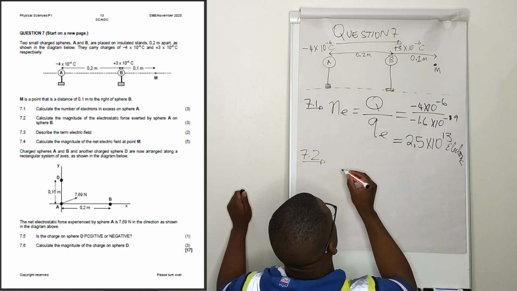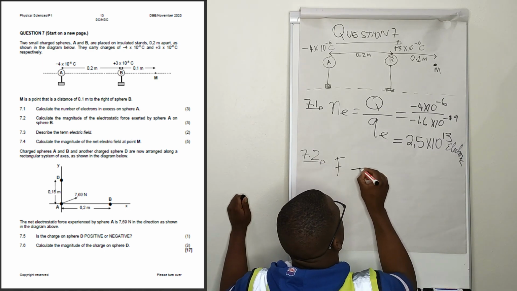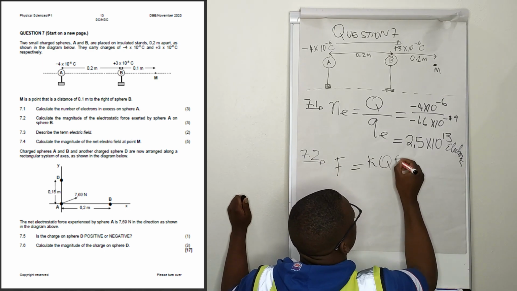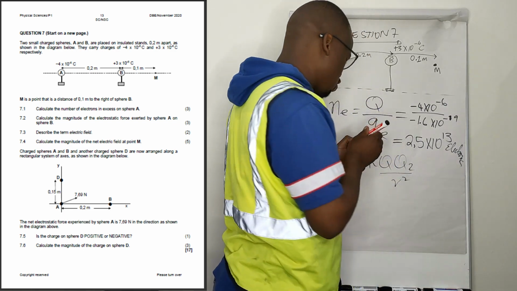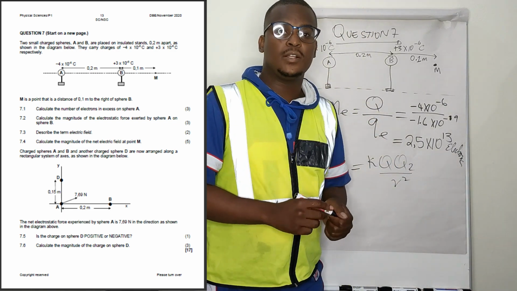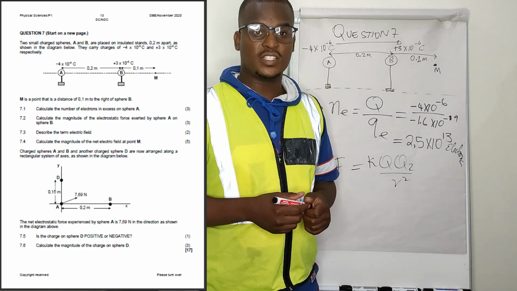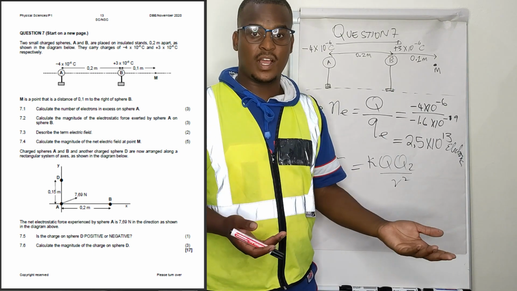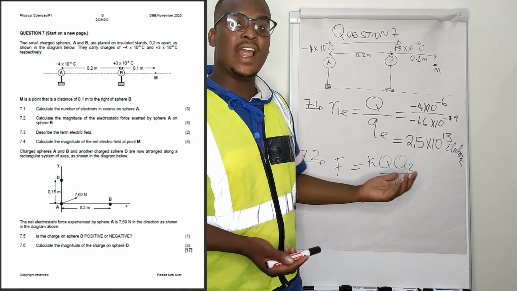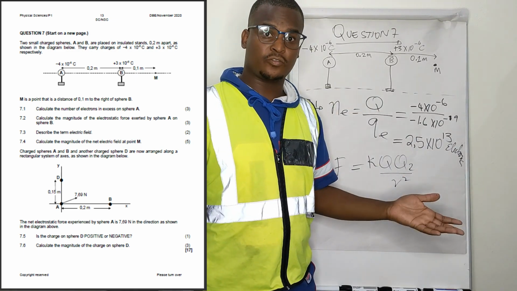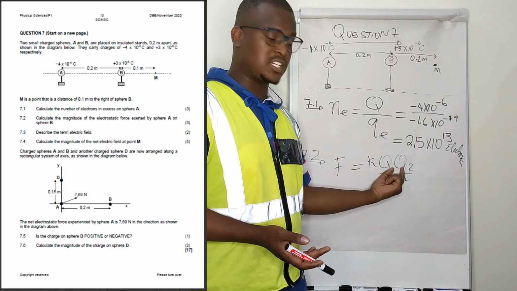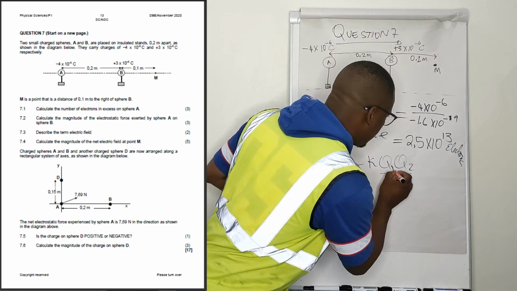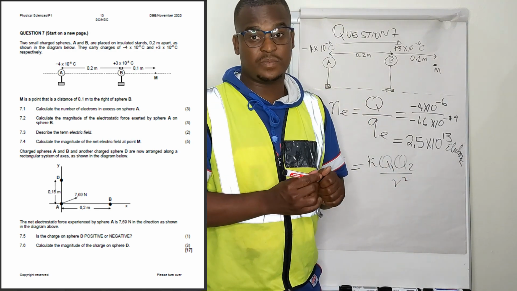This is Coulomb: F is equal to k Q1 Q2 over the square of the distance between them. So you use Coulomb's law to calculate the electrostatic force exerted by one charge on another. Coulomb's law states that the electrostatic force between two point charges is directly proportional to the product of the charges and inversely proportional to the square of the distance between them.